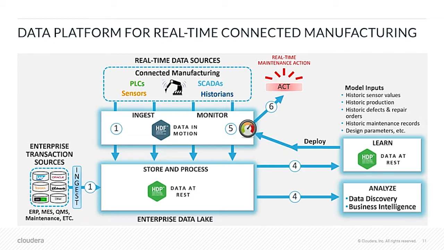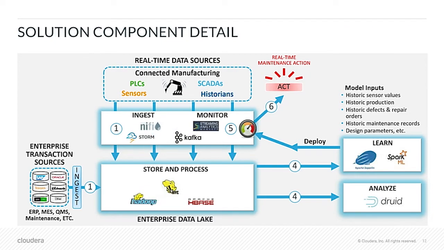But the key point here is that you're using open source components that are evolving very quickly, with very high levels of innovation, in a controlled, enterprise-ready platform. That's kind of the business model we're on. So again, an open source solution that enables this whole connected manufacturing analytics lifecycle.